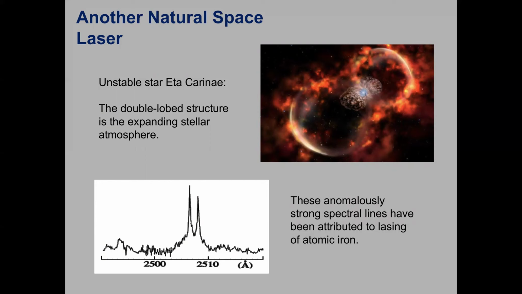There's iron in gaseous form that has enough energy that light from the star is selectively causing lasing at these frequencies. The way we know that lasing is happening is that in most cases, laser emission is a very narrow bandwidth. It's not one broad peak of many wavelengths, it's a lot of intensity at a very narrow wavelength, which is what we see here. So it's another cool example of where you see this phenomenon in nature.